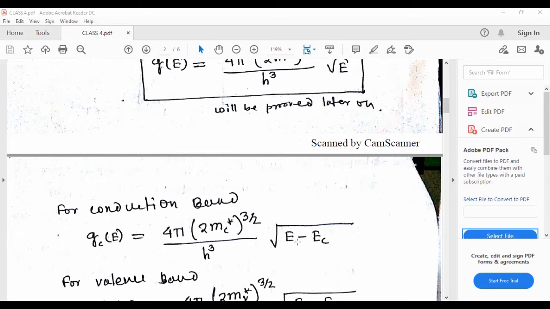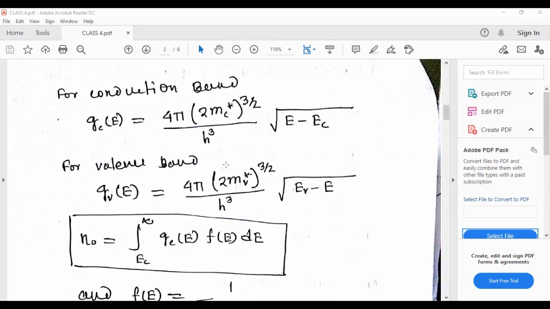I have considered some arbitrary energy state E. E minus Ec means somewhere inside the conduction band, so Ec is the conduction band minimum, and E minus Ec is the energy here.